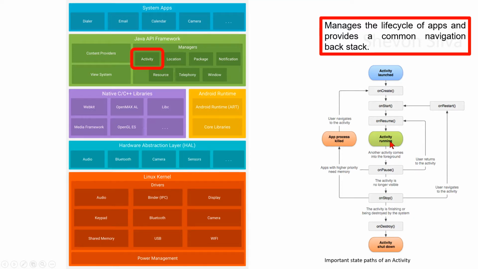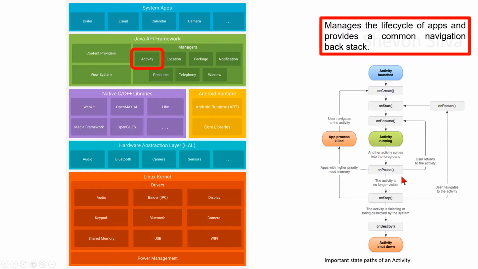So here we can have now activity running state. Another activity comes onto the foreground, and then it goes to onPause. It's called when the activity loses foreground state and is visible. It's called when the activity loses foreground state, is no longer focusable, or before transition to stopped, hidden or destroyed state.